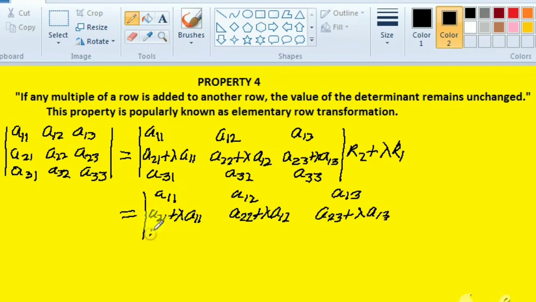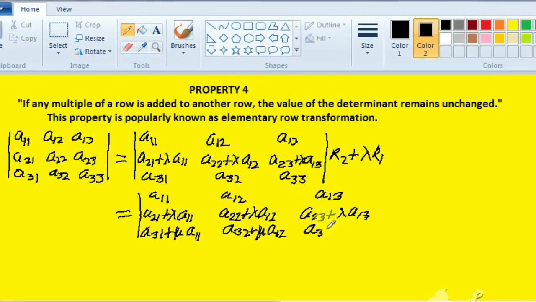So we get A31 plus mu times A11, A32 plus mu times A12 and A33 plus mu times A13.